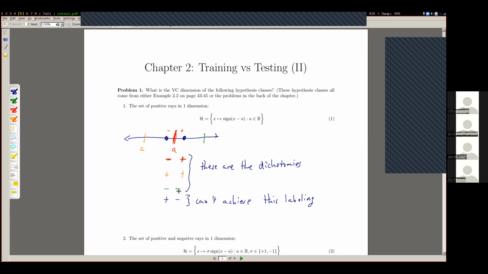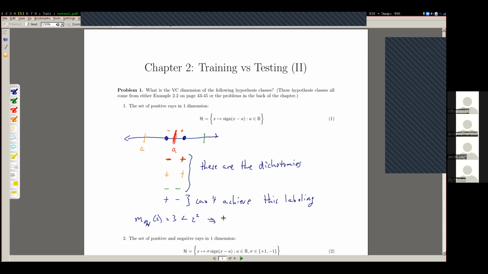So we have, based on this, that my growth function mH of 2 is equal to 3, which is strictly less than 2 squared, which implies that we're not shattering this particular data set. And this is somehow representative of all 2-point data sets. There is no 2-point data set where I could get a labeling that looks like this, with a plus on the left and a negative on the right.